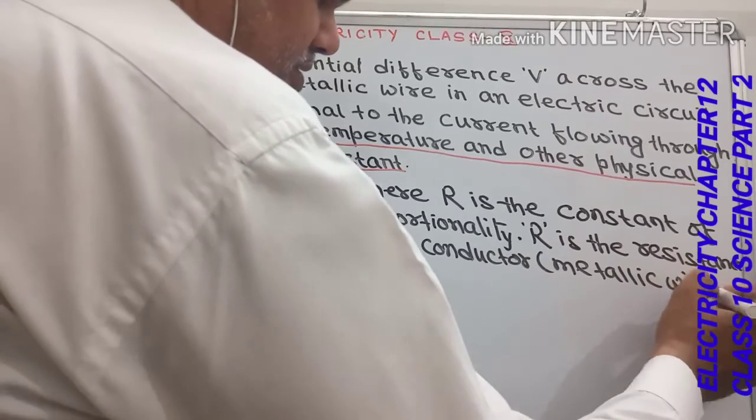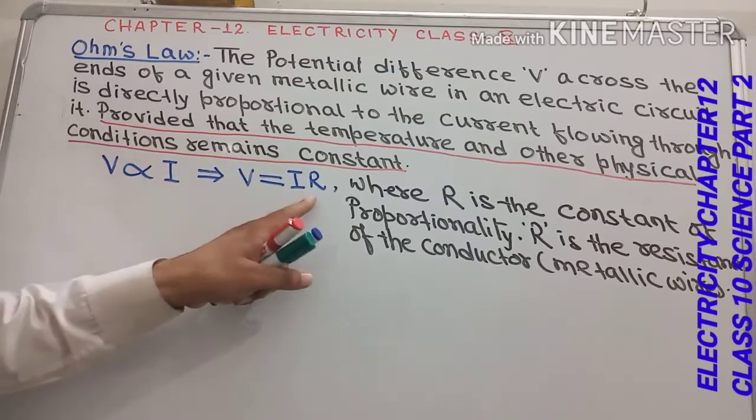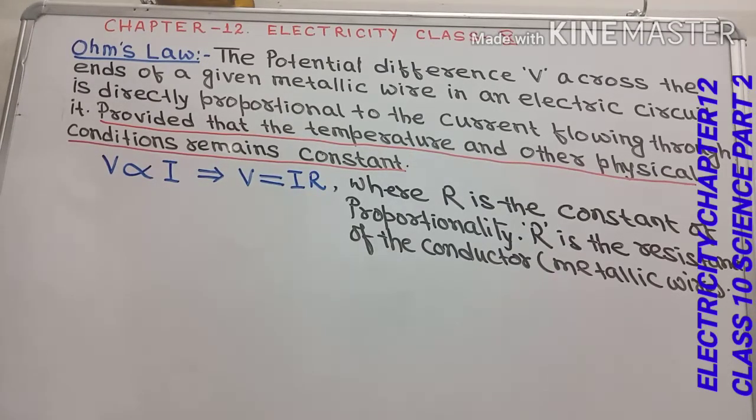So we can say that this R is the resistance of the conductor.